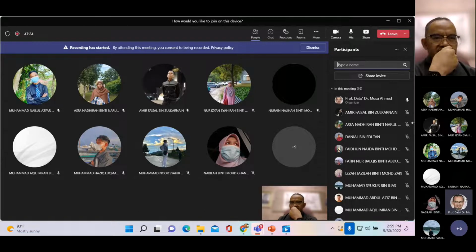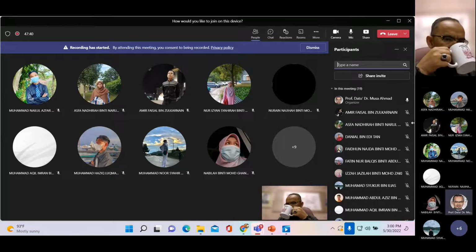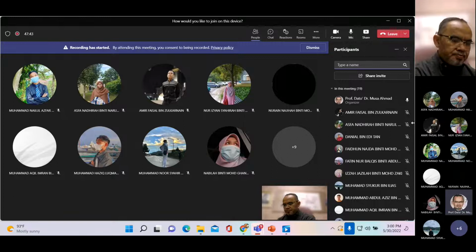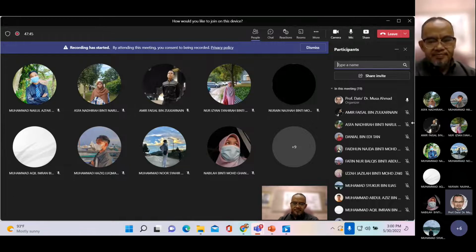Have you done your UV visible lab? Tomorrow, I'm going to do it. Okay, you're about to do it. Alright. So what is interpolation and extrapolation? Have you ever made a graph before? Of course you have. Surely you have done interpolation and extrapolation. What is interpolation? What is extrapolation? Fatin.